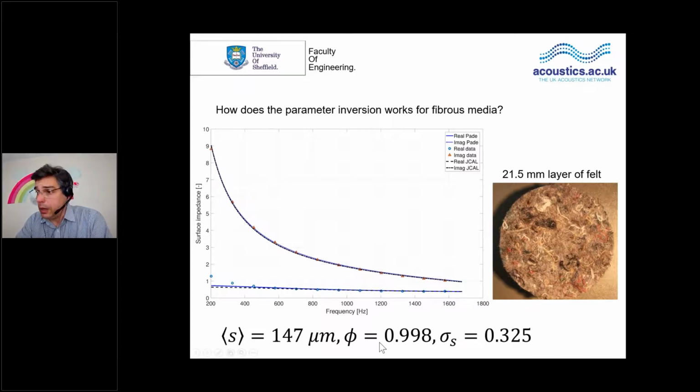It's reasonably high porosity, because it's not a dominant parameter, higher than the previous, mean pore size, and a high standard deviation because it's full of non-uniform fibers. But the fit is within a few percent.